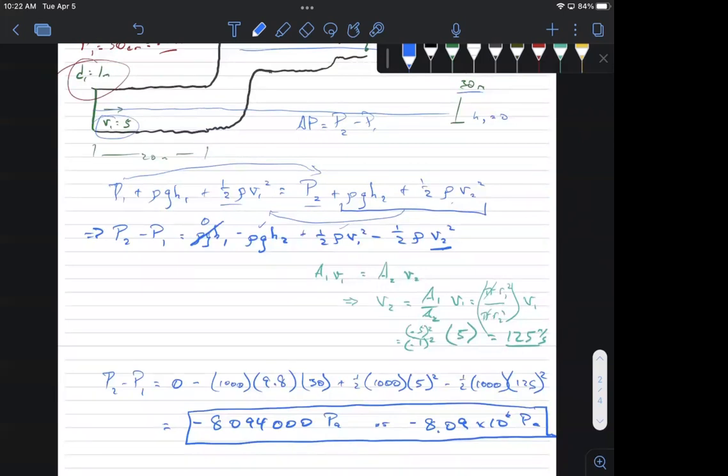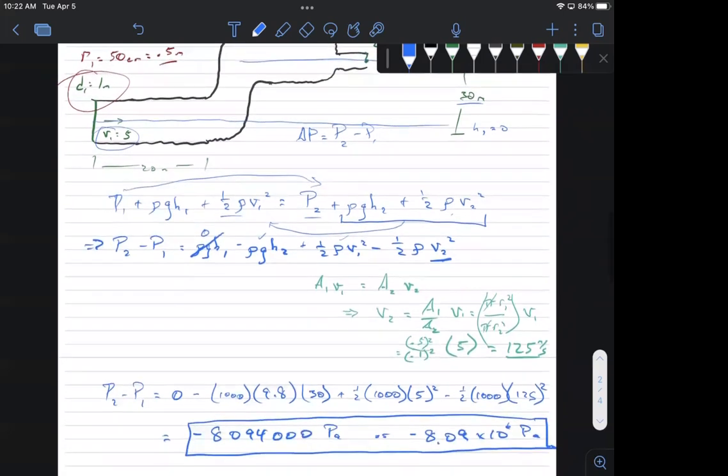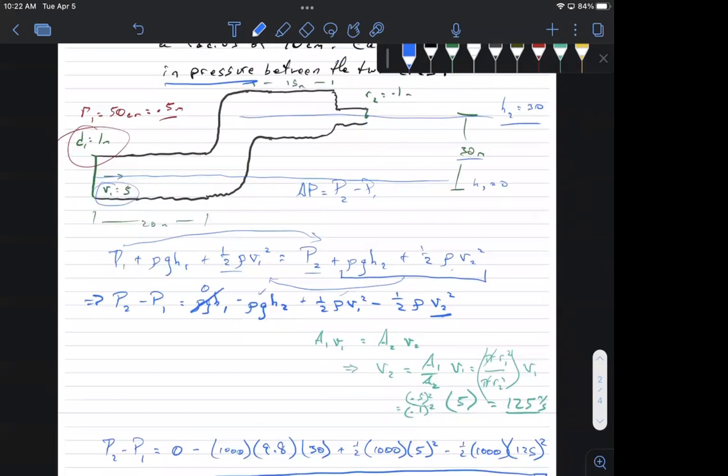So I want there to be enough pressure at the top to make a good shower. So I better have the pump at the bottom floor be strong enough, P1 is big enough to overcome this change in pressure. Okay? That's one way of thinking about how this type of calculation could be important.